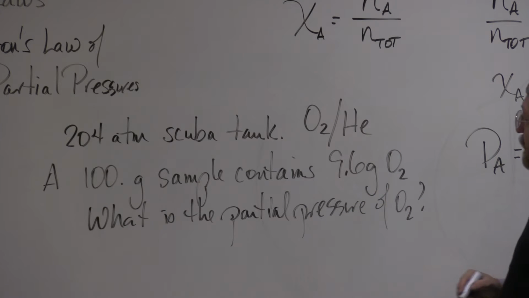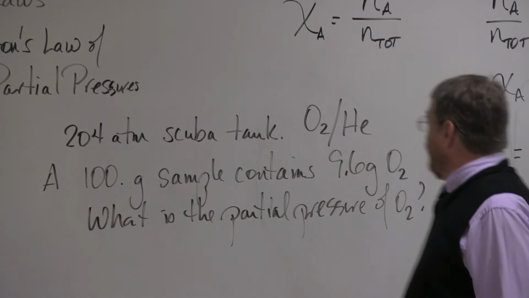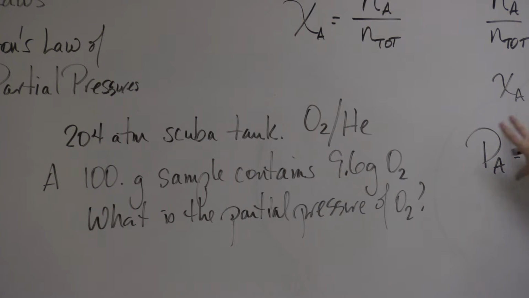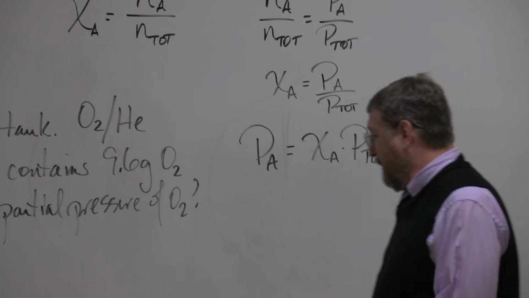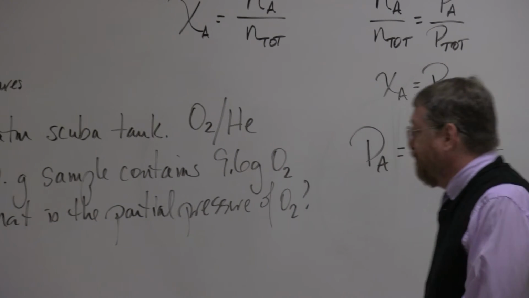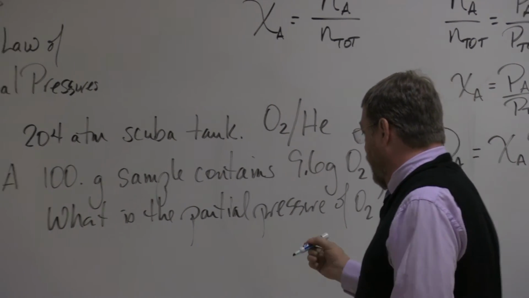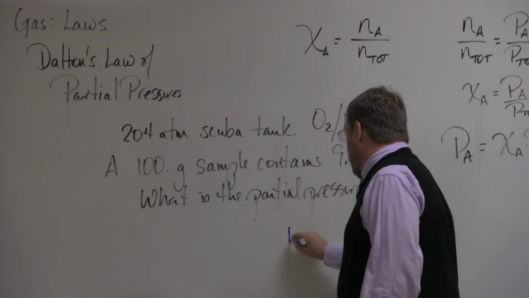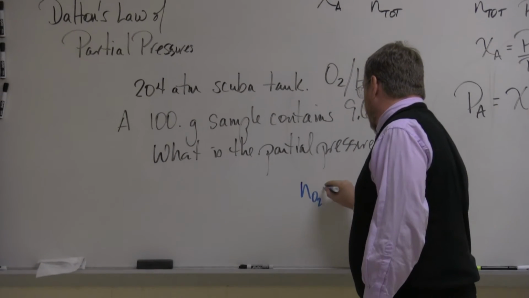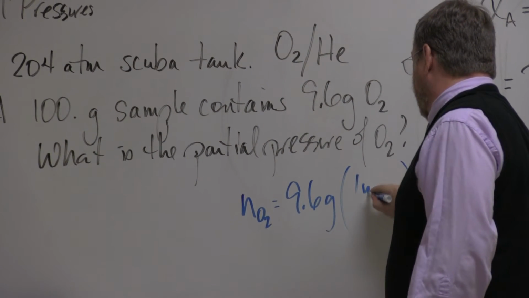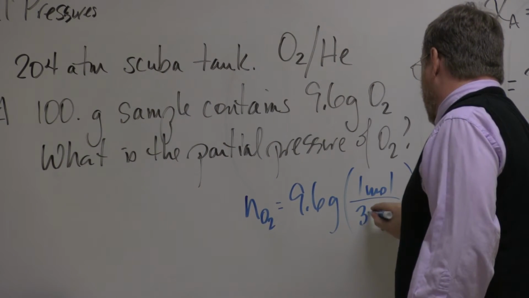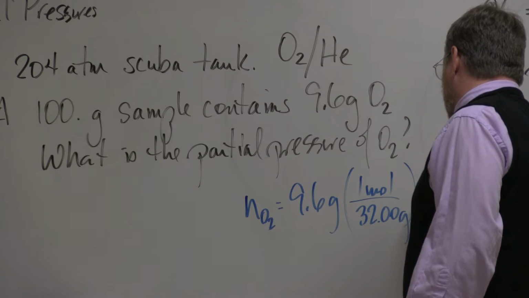Well, we know the total pressure. So if we can figure out the mole fraction, we'll get the partial pressure, because the mole fraction times the total pressure equals the partial pressure of the gas. I've got 9.6 grams of O2. We need the number of moles. So the number of moles of O2 equals 9.6 grams times 1 mole over 32 grams.